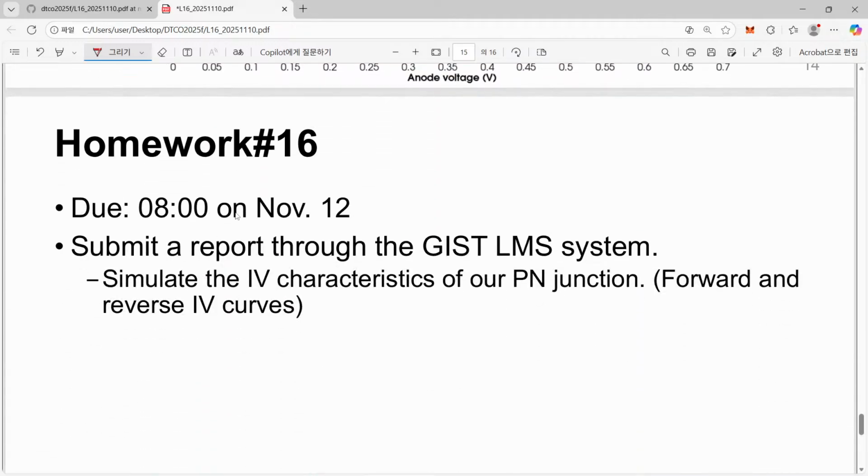You will see the well-known rectifying behavior. If you have a positive voltage, it conducts. And if you apply negative voltage, it does not conduct. You will see quite simple behavior, but I think that is enough exercise for you to prepare for our next exercise.